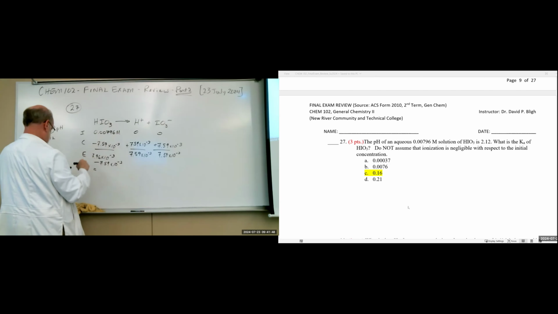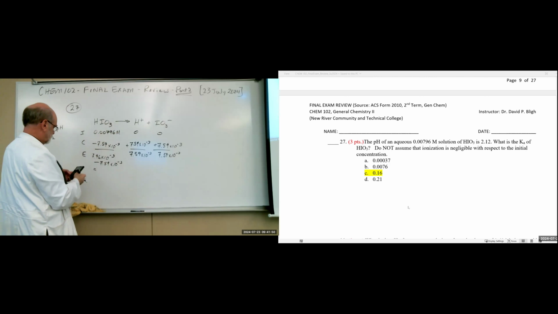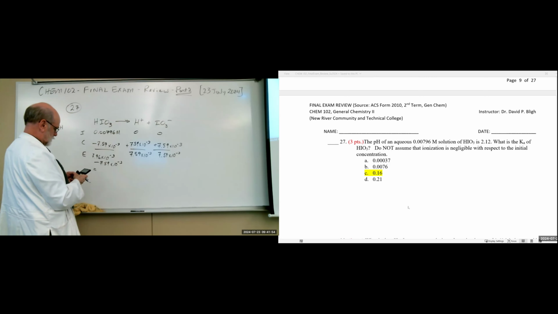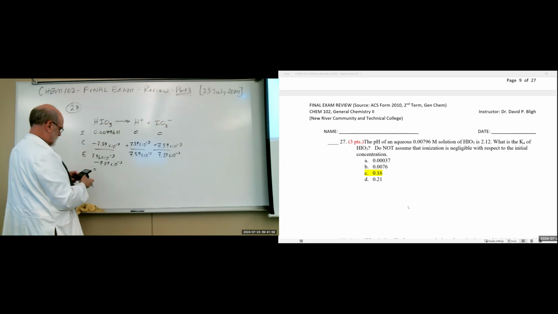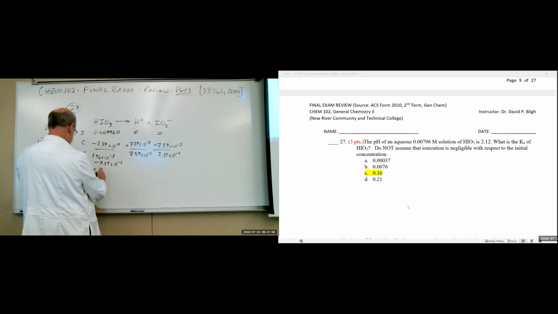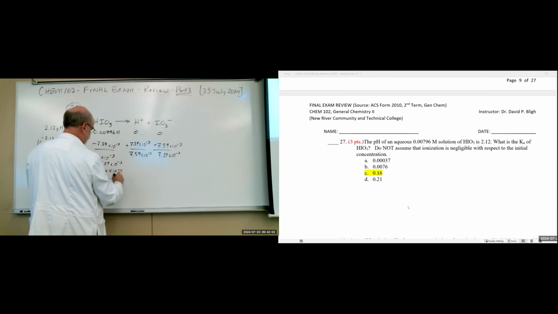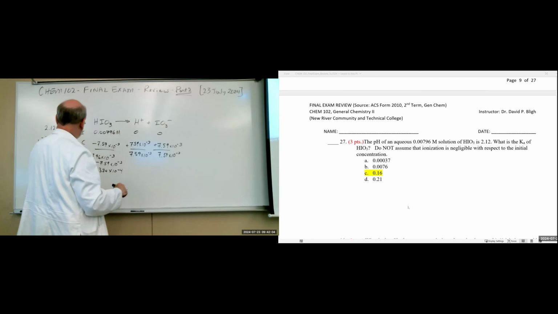That's correct. 7.96 times 10 to the minus 3 minus 7.59 times 10 to the minus 3 is 3.74 times 10 to the minus 4. So now we can calculate Ka.